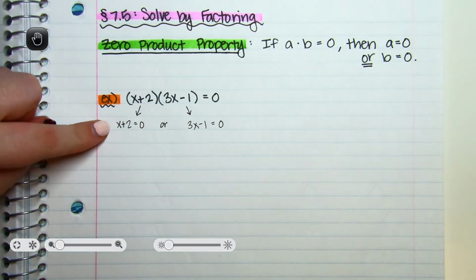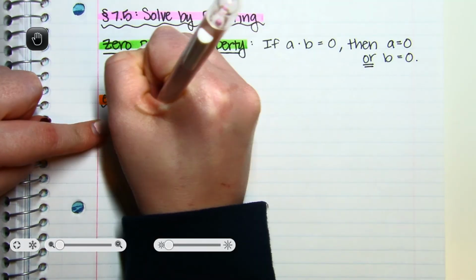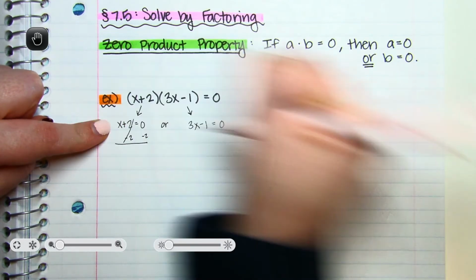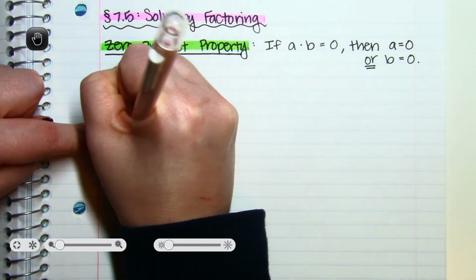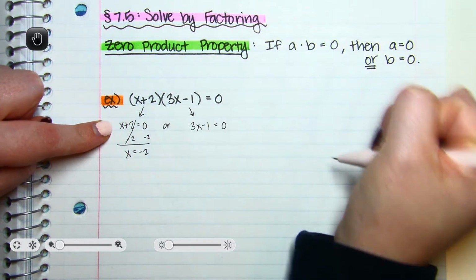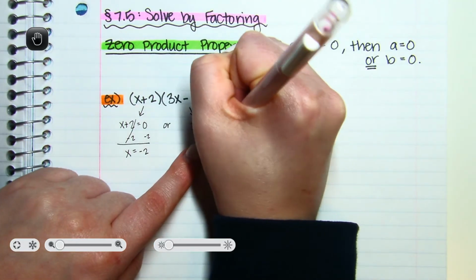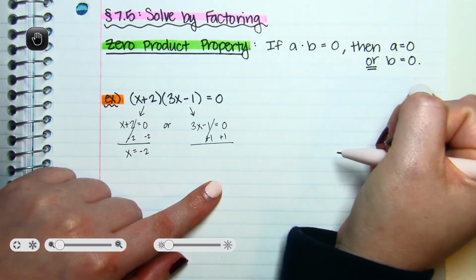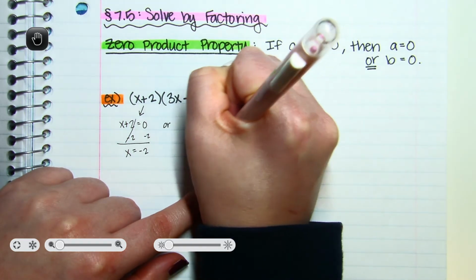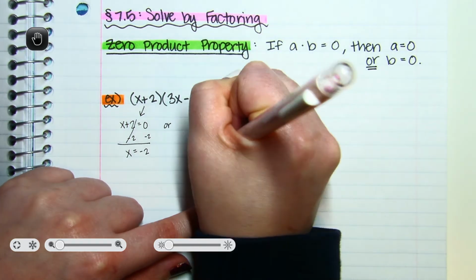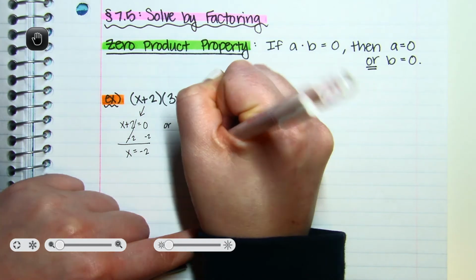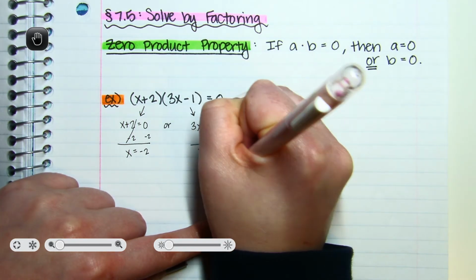So this first one, I would subtract 2 from both sides to get the x by itself, and then I have x equals -2. And then for this one, I add 1 to both sides, and I get 3x equals 1. And then I would divide both sides by 3 and get x equals 1/3.